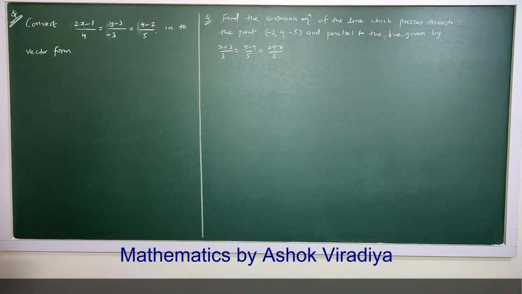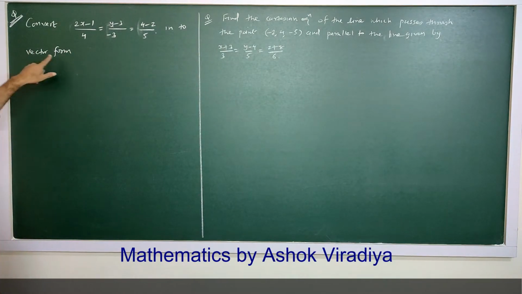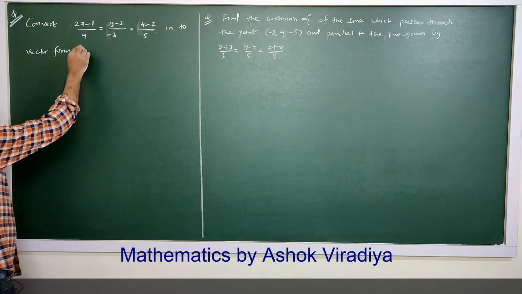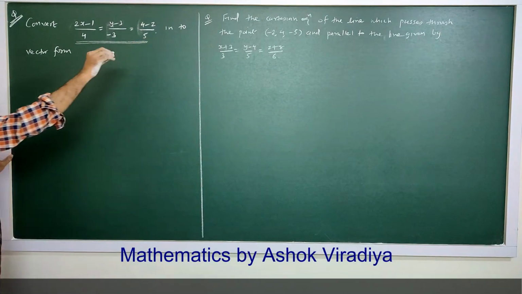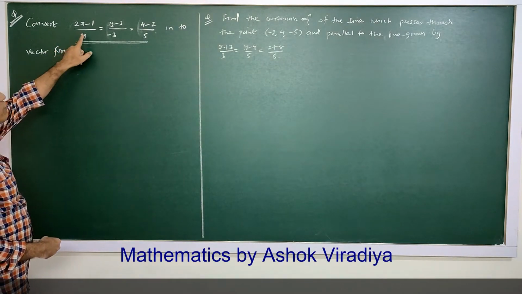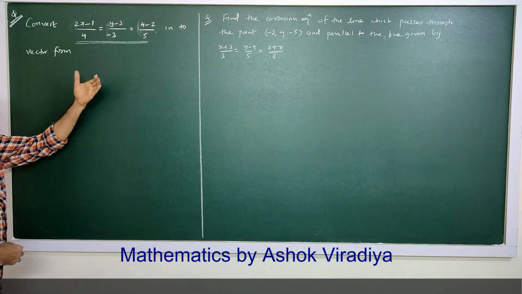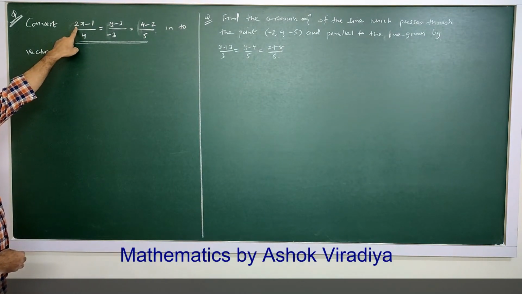Now see, the question is to convert this equation into vector form. Here this equation is not in vector form, it is in Cartesian form. But to convert Cartesian form into vector form, we have to change its form. The coefficient of x is 2, it is not 1.